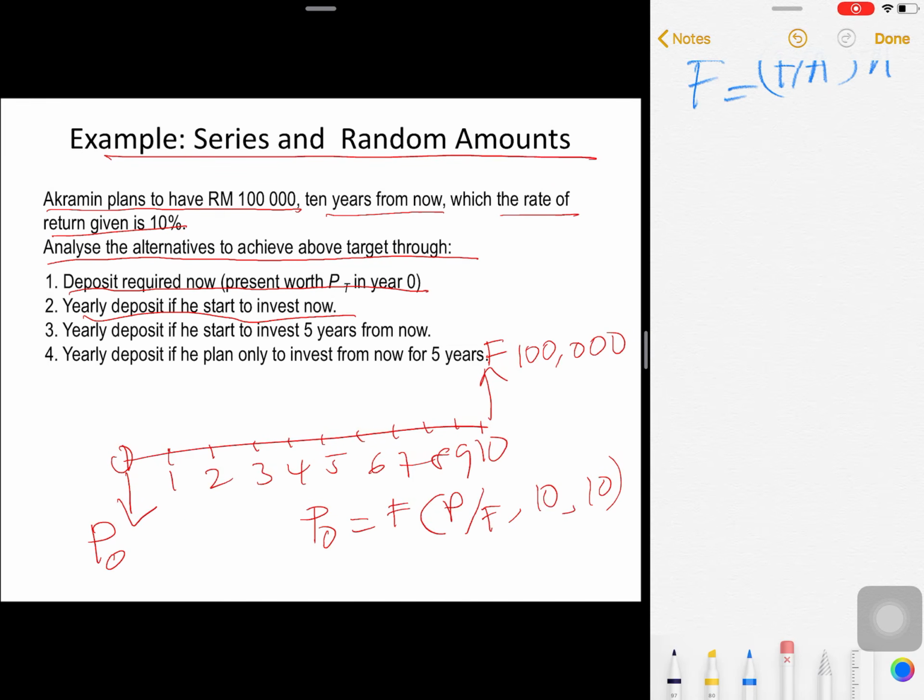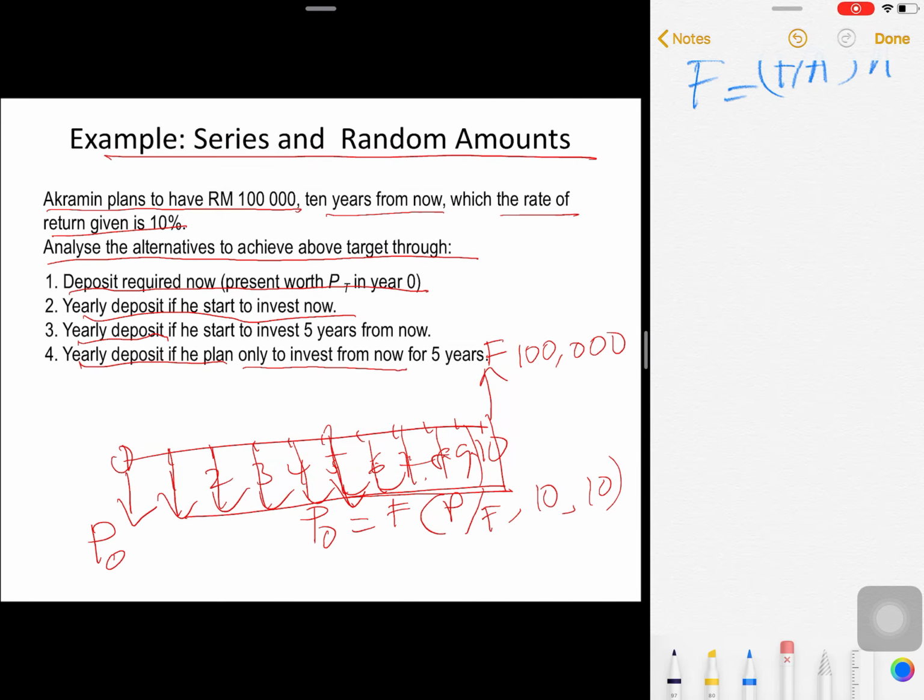And yearly deposit, if he starts to invest now, he wants to find A until year 10. If he invests only from now, so yearly deposit, find A. If he wants to invest 5 years from now, so his investment starts from year 5, 6, 7, 8, 9, 10.